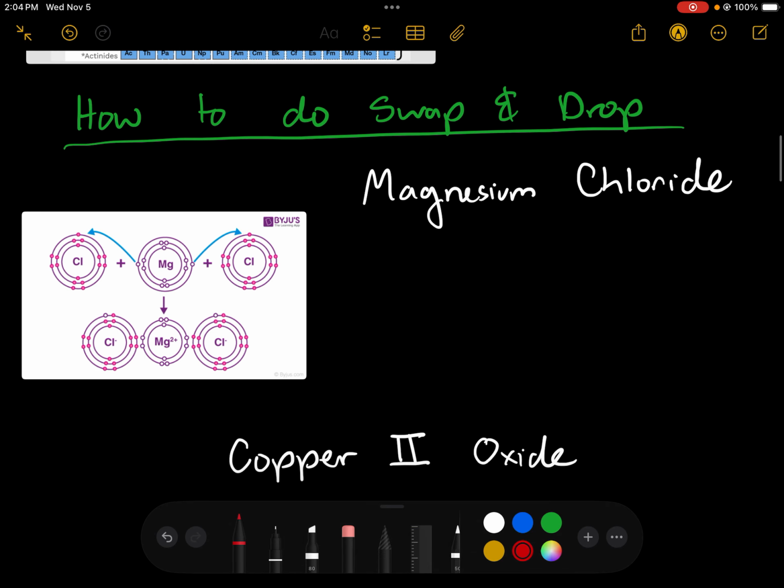In terms of making your formula for your compound, you need to understand two things. One, you need to understand how to do the shortcut, but two, you really need to understand what it means. Let's say we're trying to bond together magnesium and chlorine.